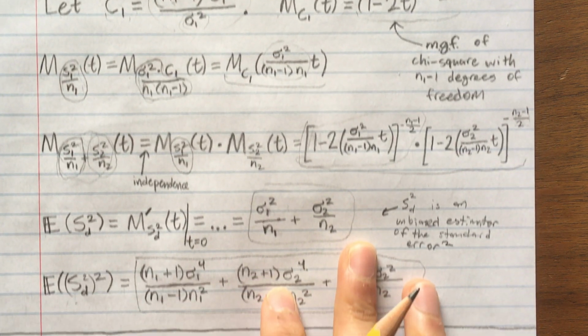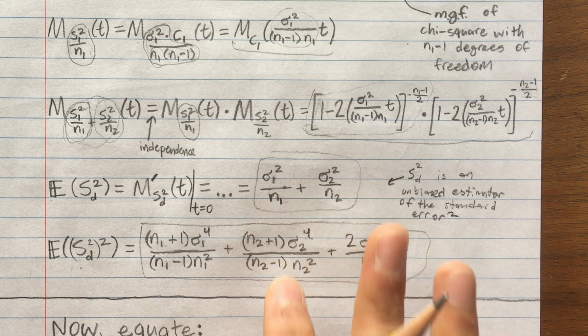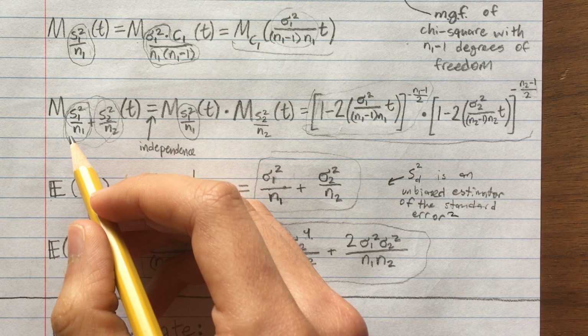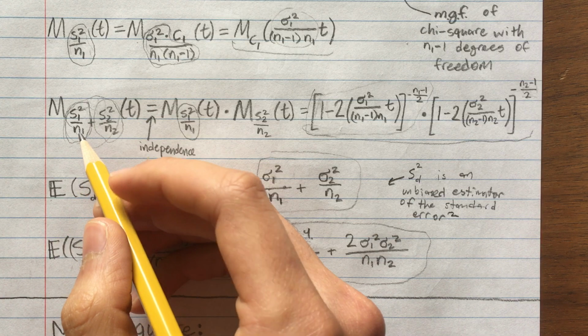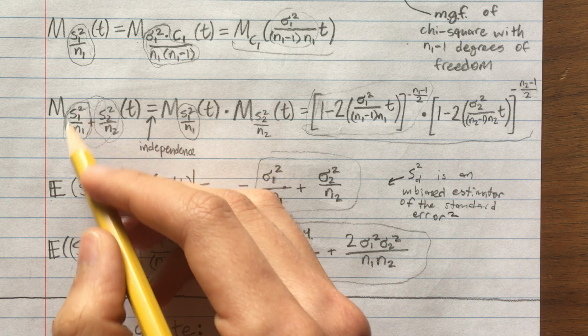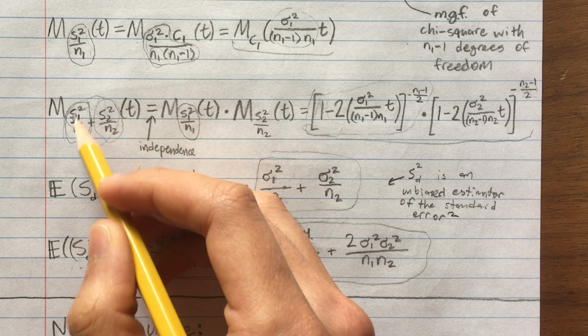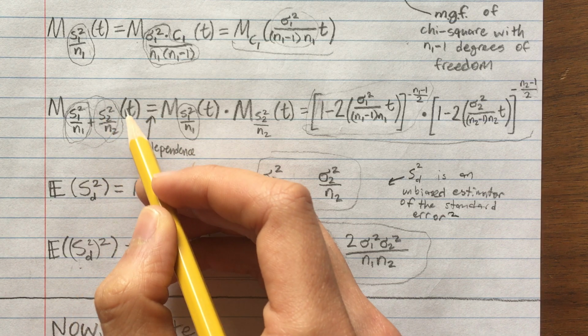Okay, now that we have that, we can find the moment generating function of SD squared, right? SD squared is just S1 squared over N1 plus S2 squared over N2.